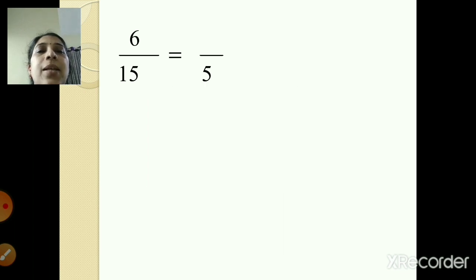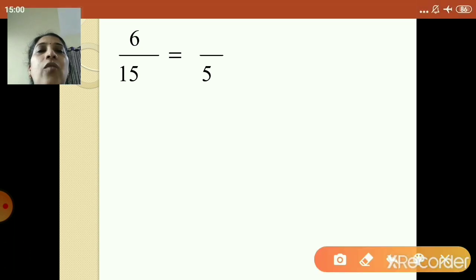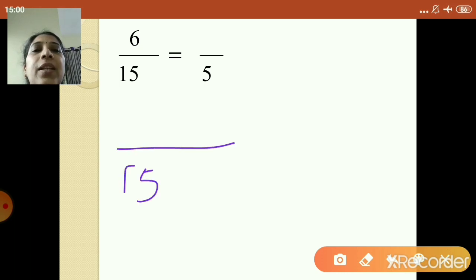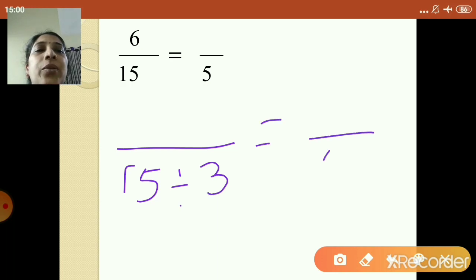So 6 upon 15 is equal to dash upon 5, right? So now we have the denominator as 5. Now when you divide 15 by 5, what answer do you get? 3, right? So what will you do? You will write 15 divided by 3 is equal to 5.